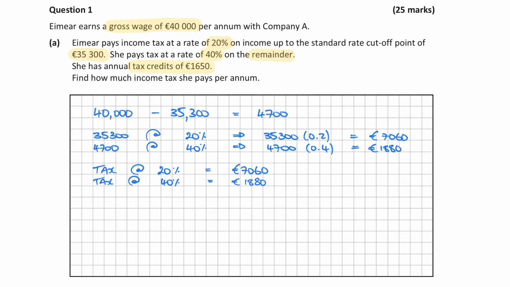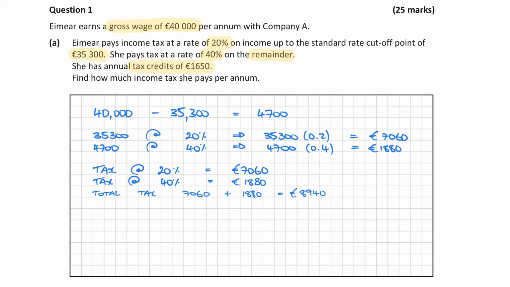Okay, so that tells us our total tax. So we can work out our total tax from that. So our total tax will be when we add the two of them together. The total tax will be equal to 8,940. Okay, so that's the amount of tax I'm expected to pay, right?